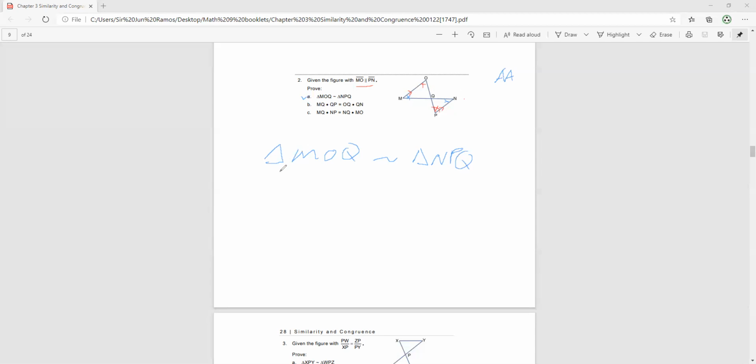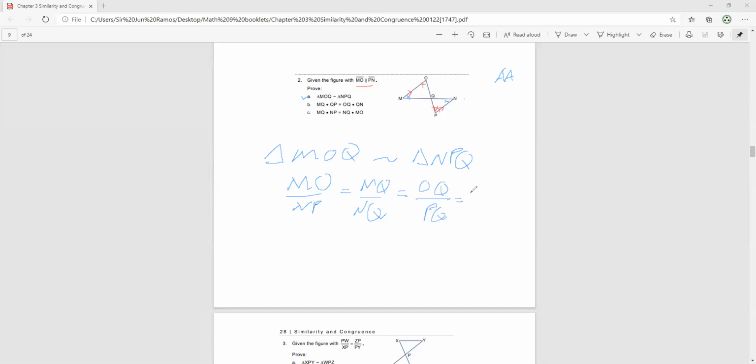Now, if MOQ is similar to NPQ, what can we have? As a consequence, the sides are proportional. So MO is to NP equals MQ is to NQ equals OQ is to PQ.